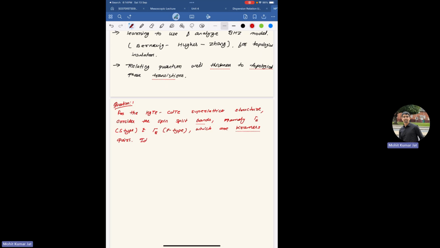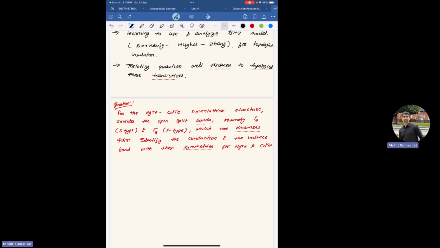Then identify the conduction and the valence band with these symmetries for mercury telluride and CdTe.